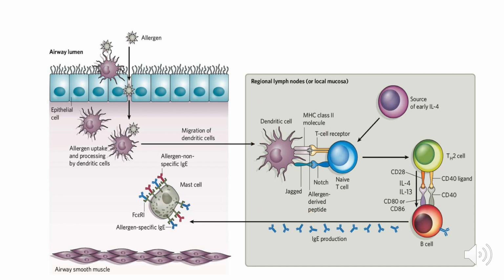The activated T helper cell will activate B cells. And if activated, these B cells will become plasma cells. And plasma cells will generate the blue-colored antibodies in the schematic diagram. These antibodies are IgEs. IgE. Do you know the unique property of IgE?